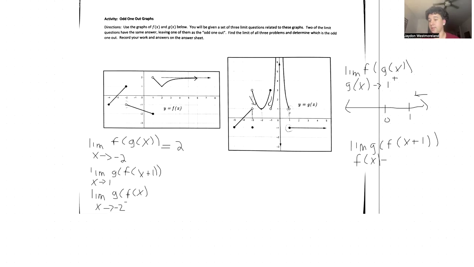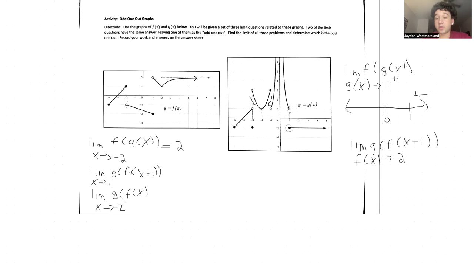Okay, so now this is how it's rewritten. So now I come over to the g of x. I look at my value. Well, let's see what happens at the f of x as it's approaching 2, actually. So it's approaching 2 at 1. So I come over to the g of x. I find where 1's at. Cool, right here.